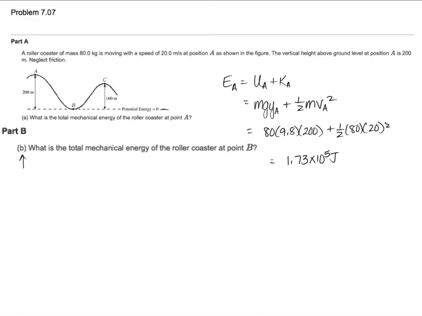It says, what's the total mechanical energy of the roller coaster at point B? We actually were told to neglect friction, so energy is conserved.